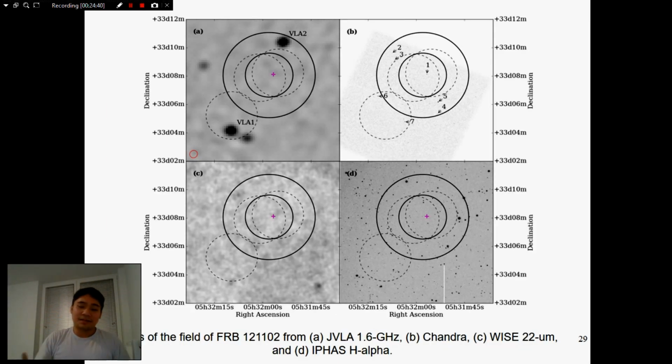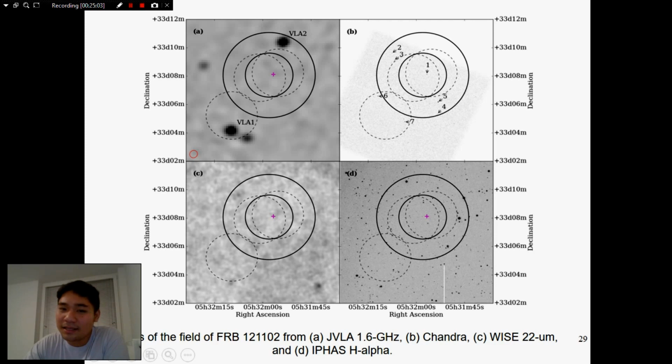And this is the chart where they also try the localization, the host galaxy of the radio burst. What they do is, if they can find any variable source in this solid circle, it might be a candidate for the FRBs.